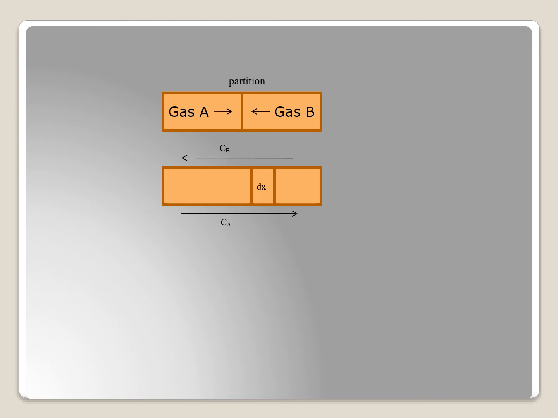Movement of molecule A or B due to concentration gradient is known as molecular diffusion, or the mass transfer from higher concentration to lower concentration, or the molecule movement from higher concentration to lower concentration.